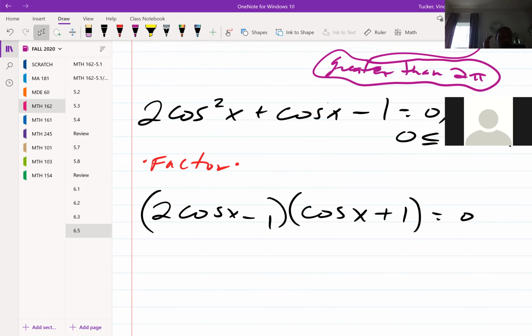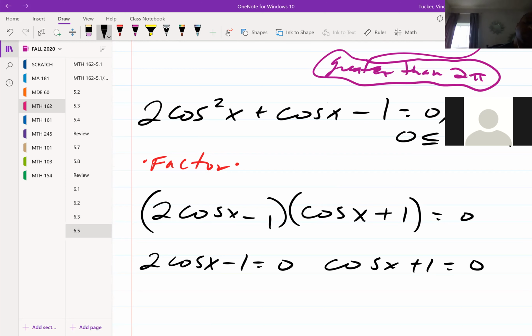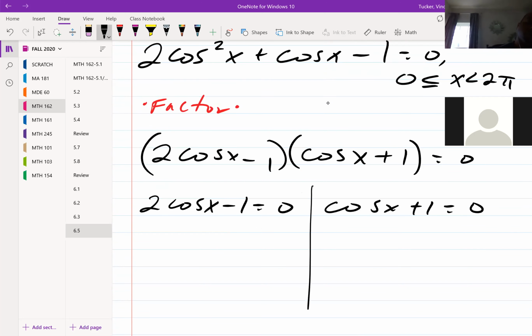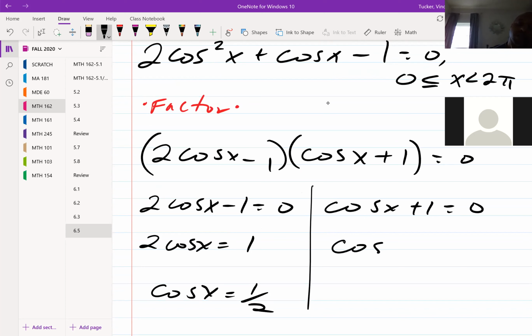We can factor it out as 2 cosine x minus 1 times cosine x plus 1. Set each piece equal to 0. Here add 1 to both sides, divide by 2, we have cosine is equal to 1/2. Here we'll subtract 1 from both sides. Cosine is equal to -1.